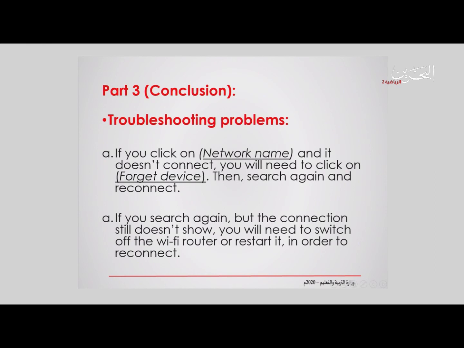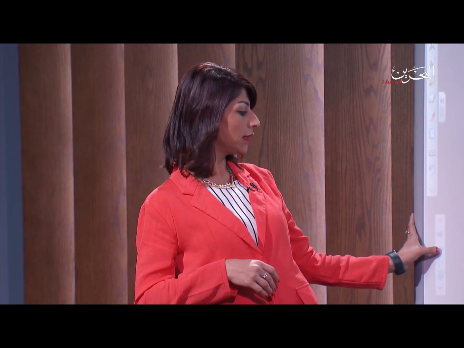Here again, I have to mention the heading, which is troubleshooting problems. There is A and there is B. In this case here, I have to mention 2 problems I'm going through while applying the stages and the steps.